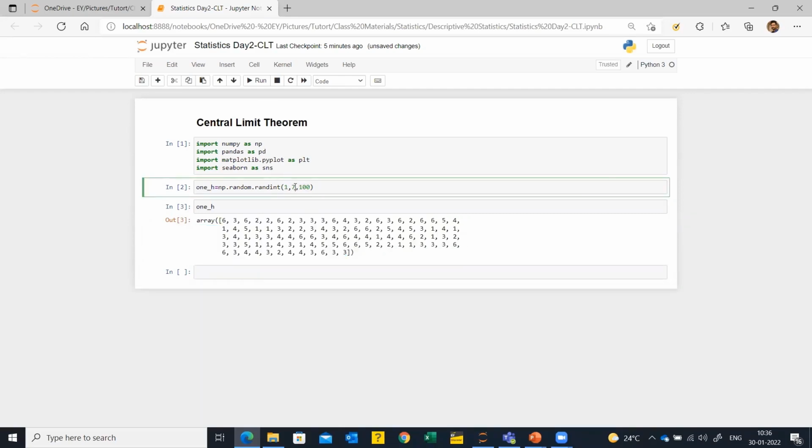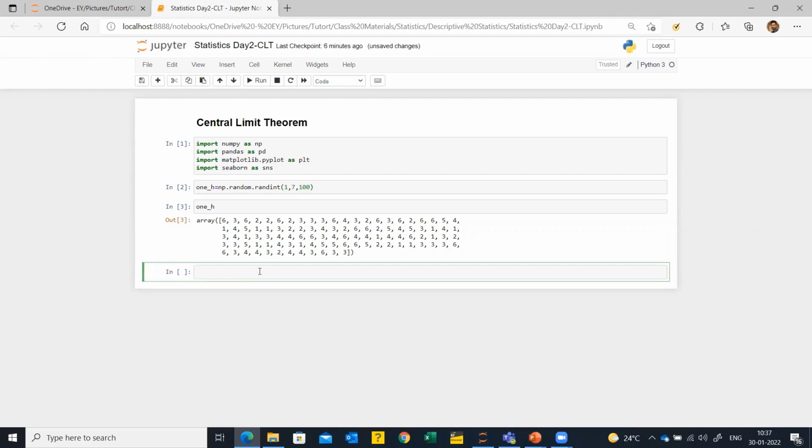So 7 is basically n minus 1, right? So it will generate from 1 to 6. So it has generated, see, 1, 2, 3, 4, and then some 5, and then 6, not 7. Okay, 1 to 6 with 100 numbers. Okay, so this is also a revision of your NumPy.